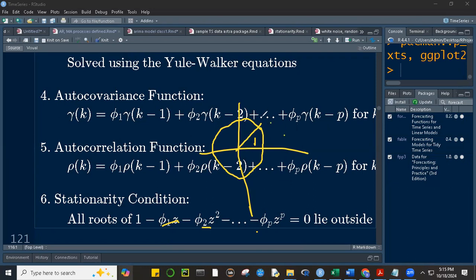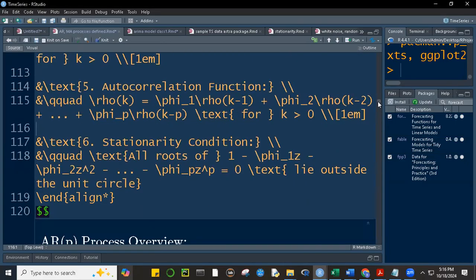So the values should be here. Should lie outside the circle. That is what this is saying. It should lie outside the unit circle.